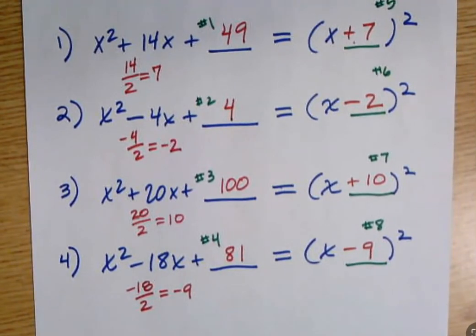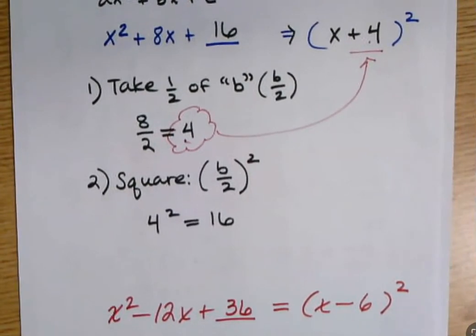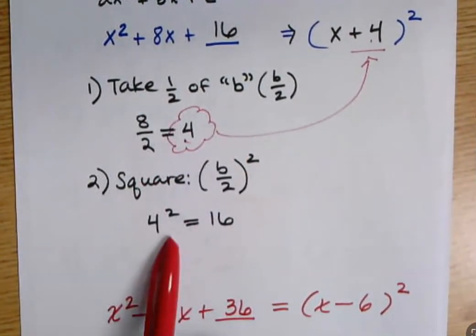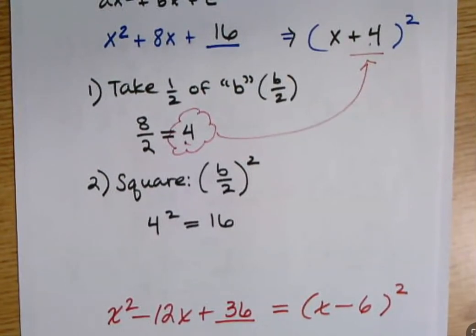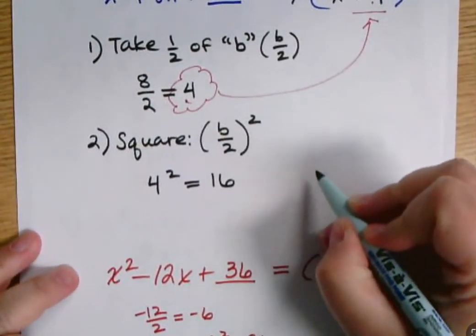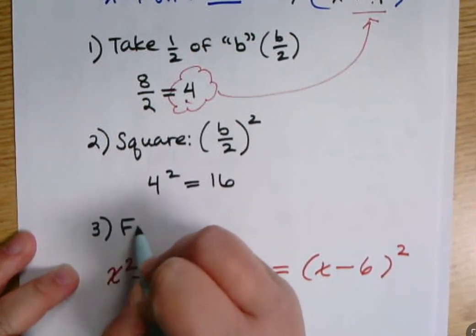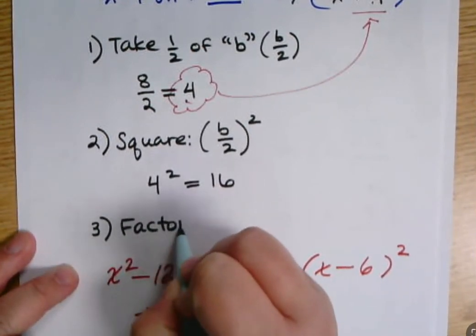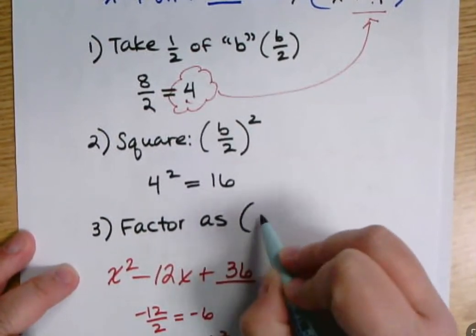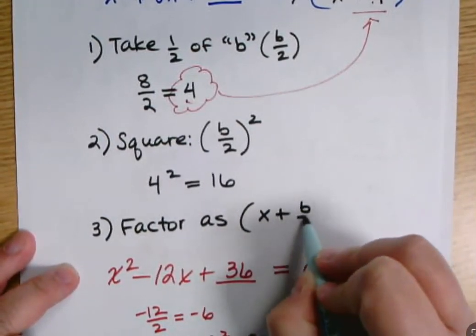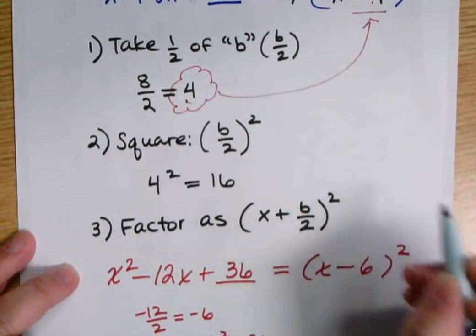Okay, so next, I'm going to go back to my directions here, and I'm going to add something. We said we're going to take half of b, we're going to square it, and then add it, which means this is now going to factor as x plus, whatever half of b is, that's what goes there.